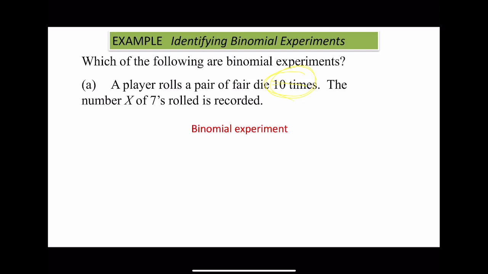There are 2 mutually exclusive outcomes, so it's either a 7 or it's not a 7. And the probability of success is fixed. Because it's a pair of fair dice, whatever that probability is for rolling 7 on a pair of dice, it doesn't change.